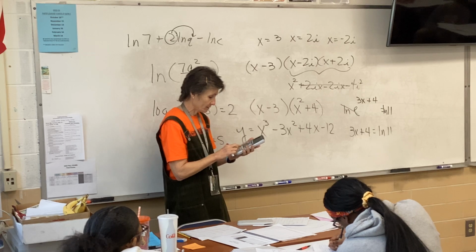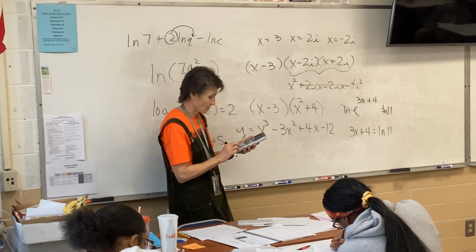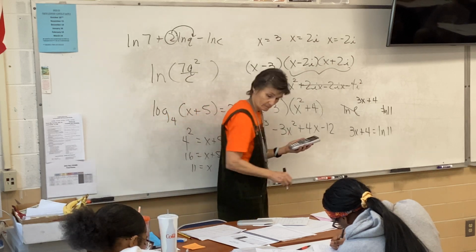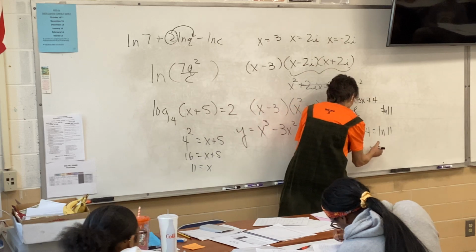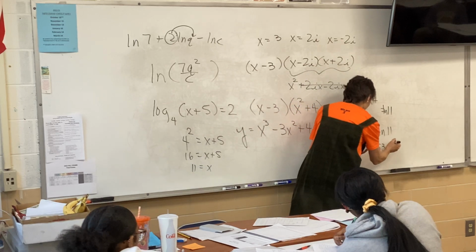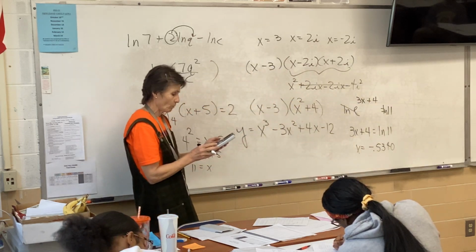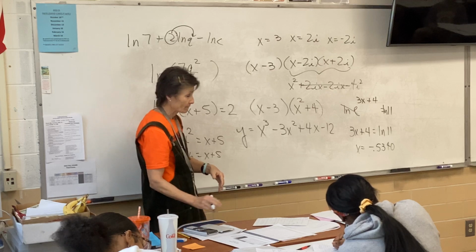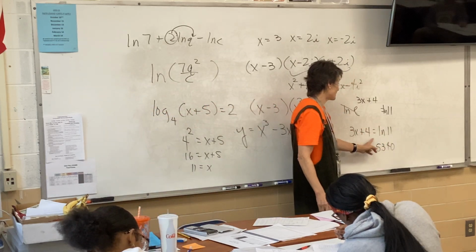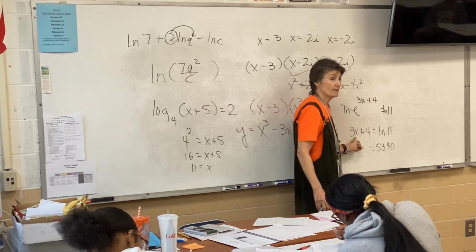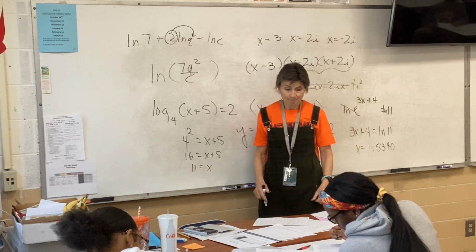See if you come up with the same answer I do. Doesn't tell me how to round, so I'll just go to the 10,000th. I got negative 0.5340. So what I typed in my calculator was ln 11. I knew I had to subtract 4 and then divide by 3, because I'm trying to get x by itself, right?